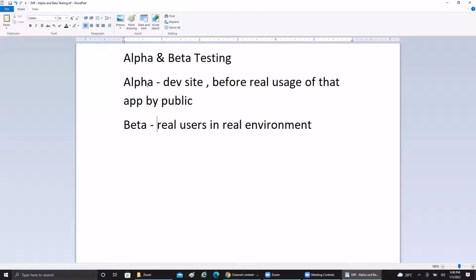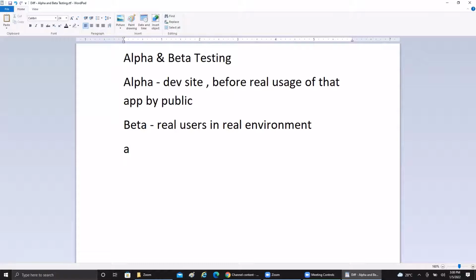So that is how alpha and beta testing play a major role in terms of user acceptance testing. Okay, now that we have a base idea of what alpha and beta testing are, we can go and see the major differences.